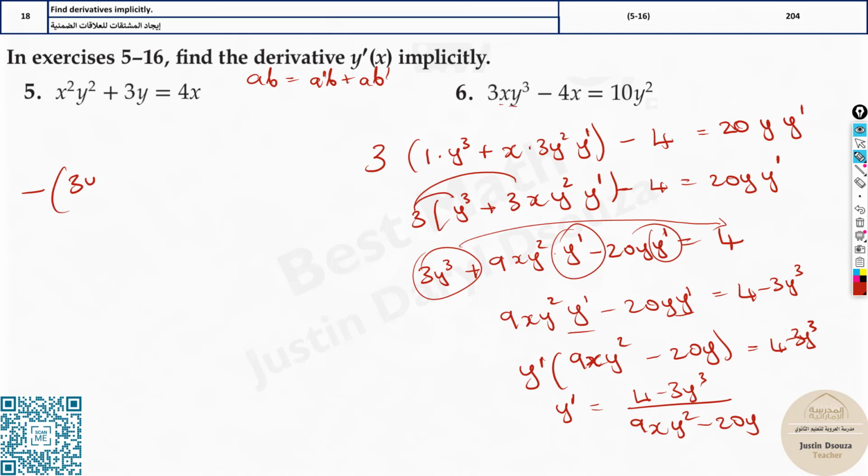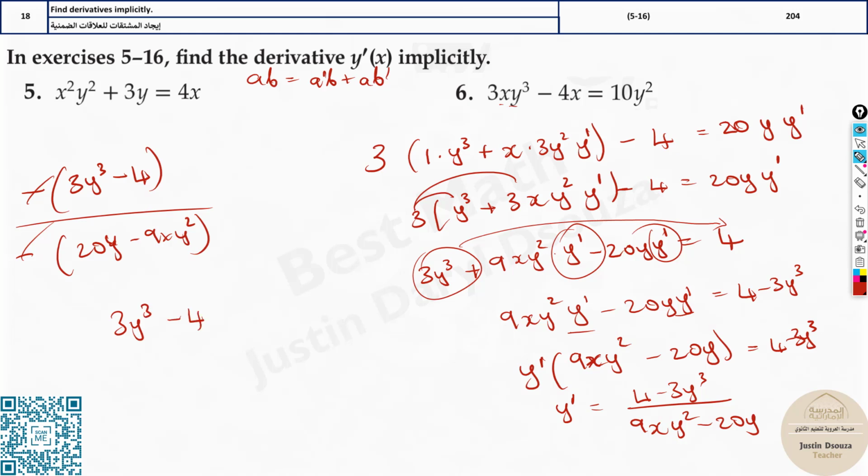It will be positive 3y cubed minus 4 for the first term. And even over here, let's take a negative term out. So then you will have positive 20y minus 9xy squared. Now minus and minus cancel. So you have 3y cubed minus 4 divided by 20y minus 9xy squared.